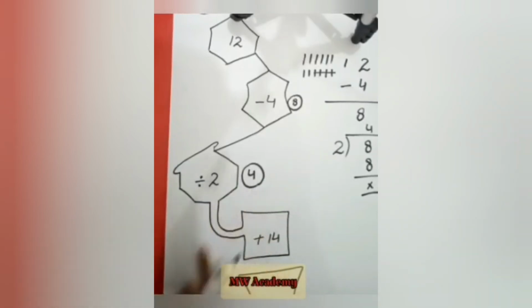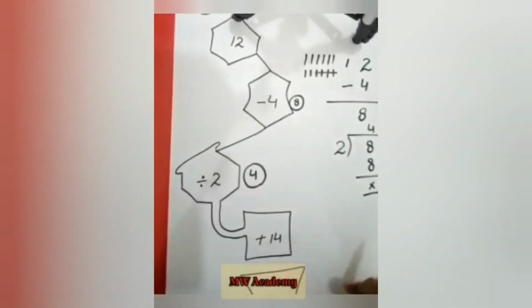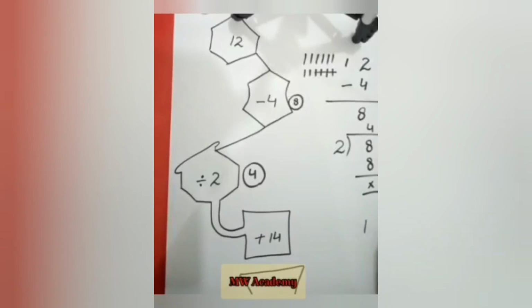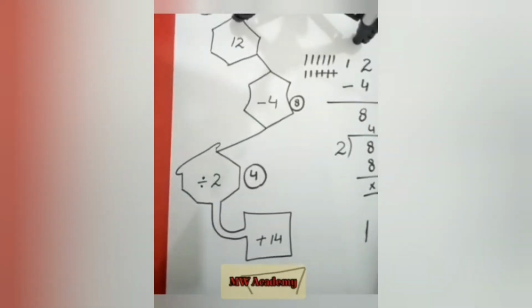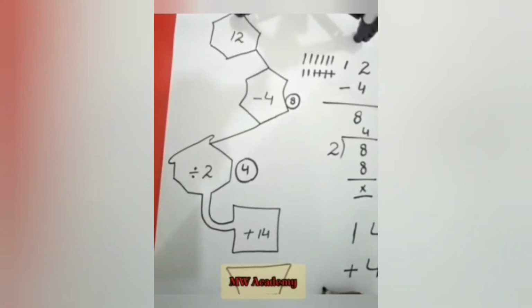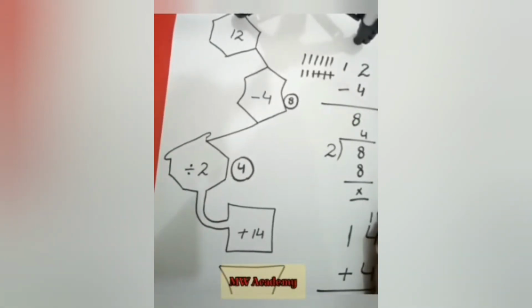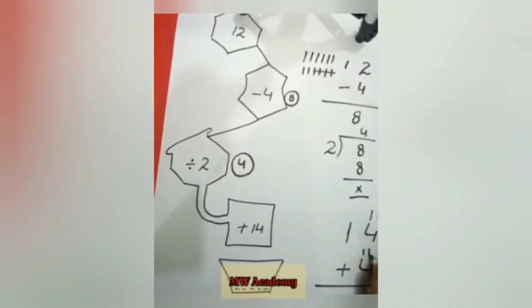After that, this is the sign of addition. What we have to do is add 4 and 14, and this is very easy for you. You know how to add numbers. Plus. We have to add 4 and 4. Draw the lines. 1 2 3 4, 1 2 3 4.